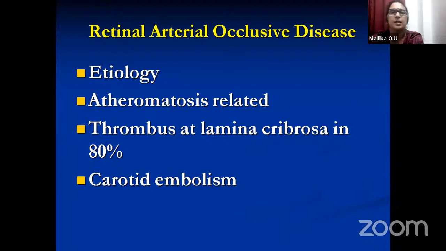So the next one is retinal arterial occlusions. The central retinal artery is the terminal branch of the ophthalmic artery. So I told you, we call the eye a window to systemic disease.